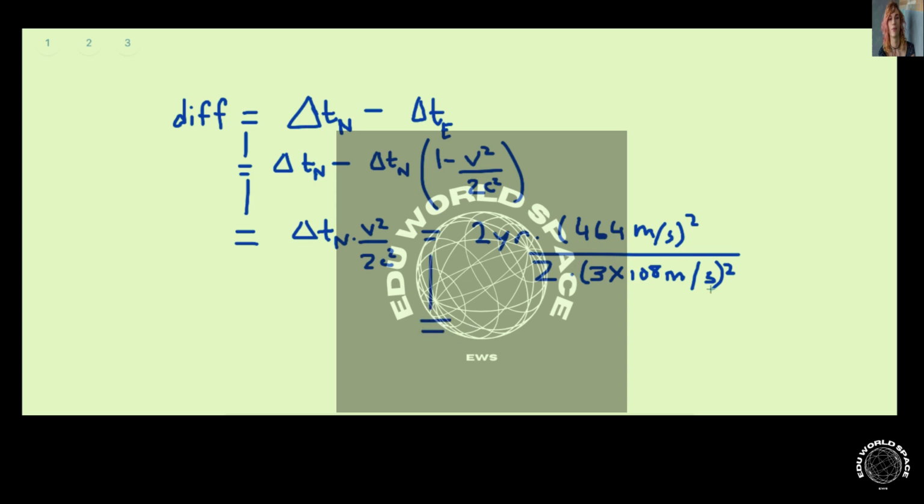The meters per second factors cancel, but then you have something in terms of years, and we already can see that it will be a very small number because of a large denominator and small numerator.